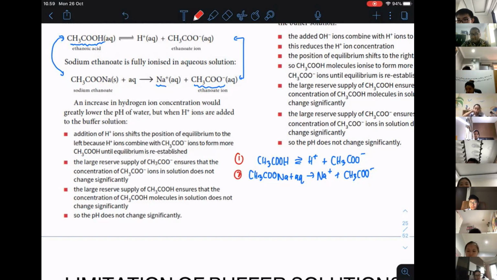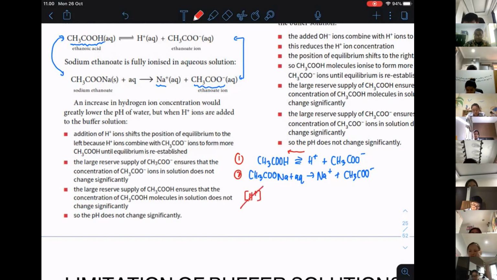Whenever there is a change in something that is in equilibrium, the system will try to resist the change by adjusting or eliminating the change. In this case, H plus is being increased, so the position of the equilibrium is going to be shifted to the left. Now our problem is solved. Why?